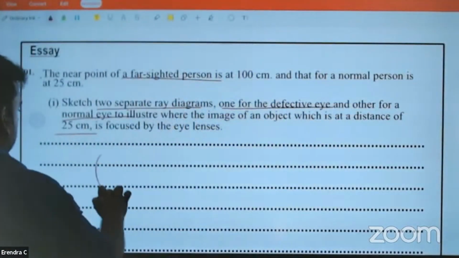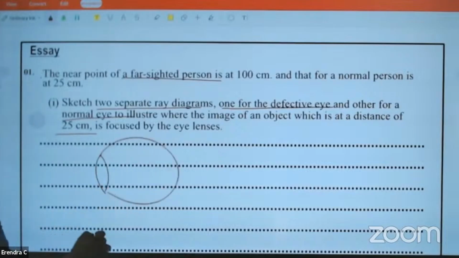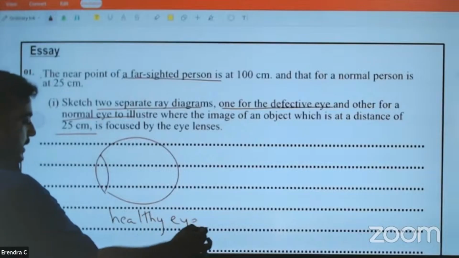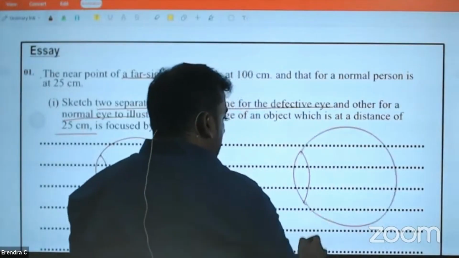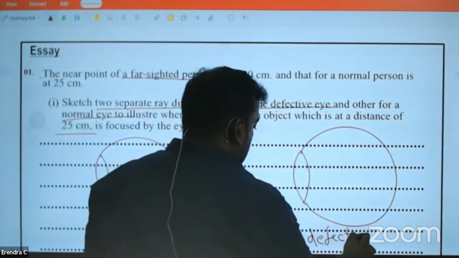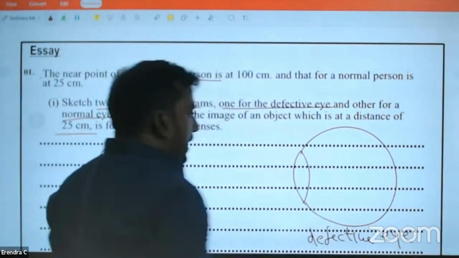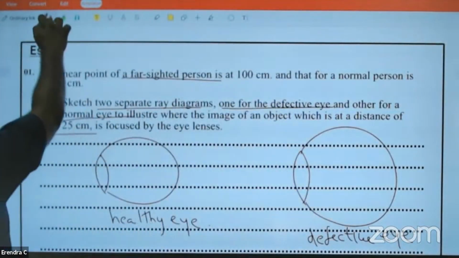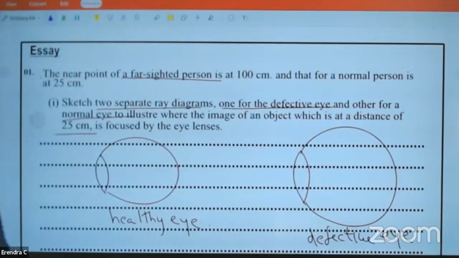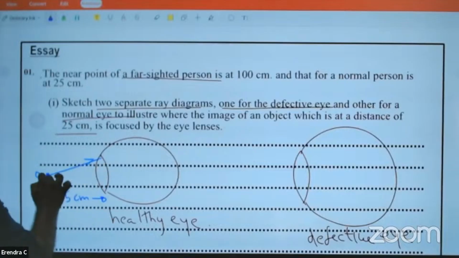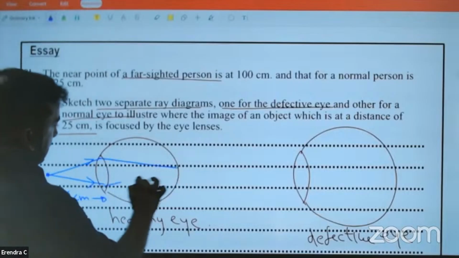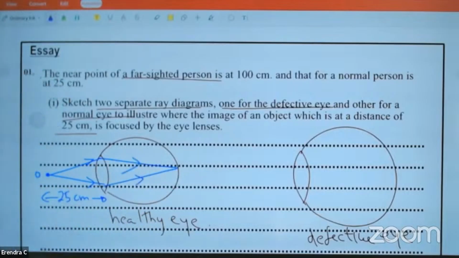Right. So here I'm drawing a healthy eye. Here I'm drawing a defective eye. Here we can draw the ray diagrams. Light rays coming from 25 centimeters will converge on the retina in the healthy eye.